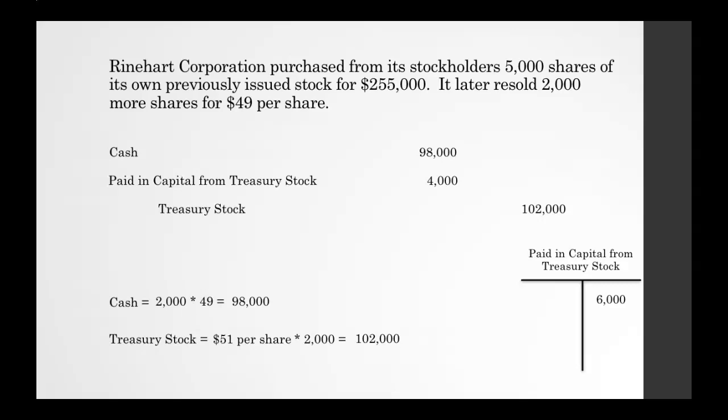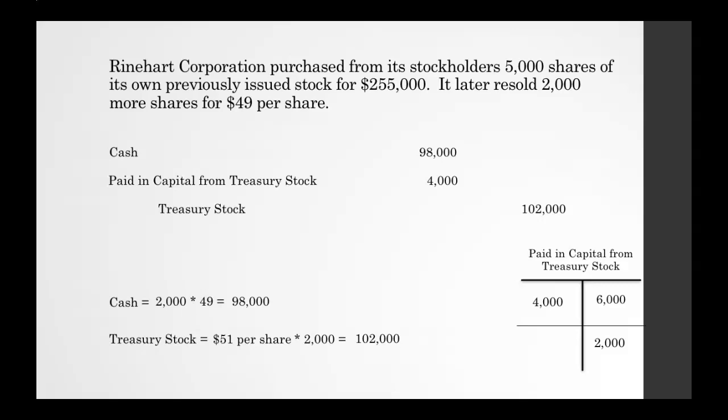Again, you could take the difference between the cash price and the treasury stock price per share. $51 minus $49 gives you a $2 per share difference. $2 times our 2,000 shares that we're selling here gives us that 4,000. Now we'll put that into our T account for our paid in capital from treasury stock, and we see that we're now sitting with a credit balance of 2,000.